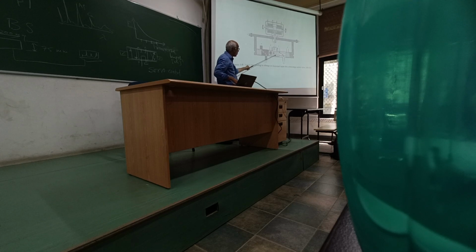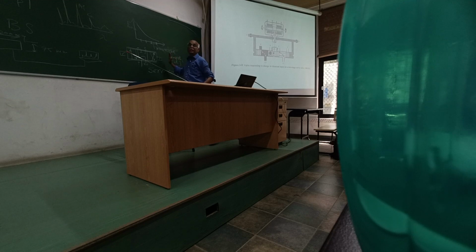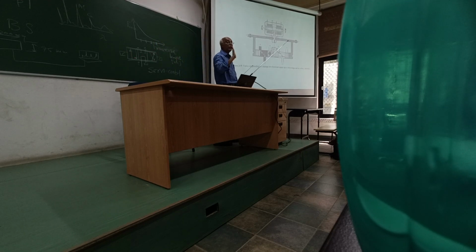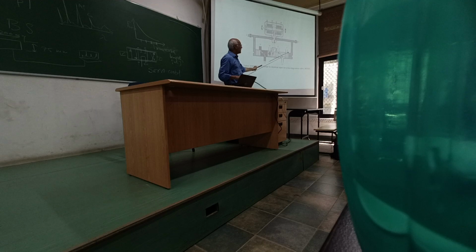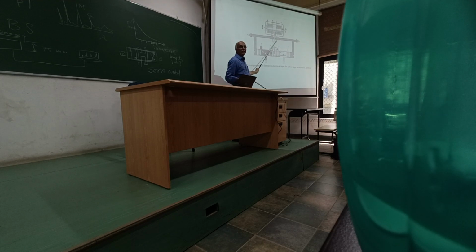Now, in order to control this position, what did we used to do? Operate using a solenoid. Here it is not a solenoid operation; fluid with pressure P is used. This fluid comes here and here.